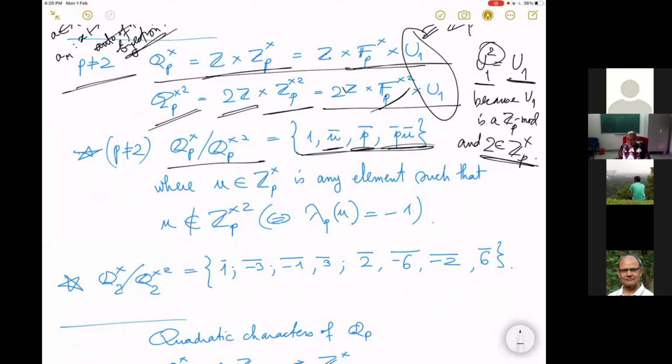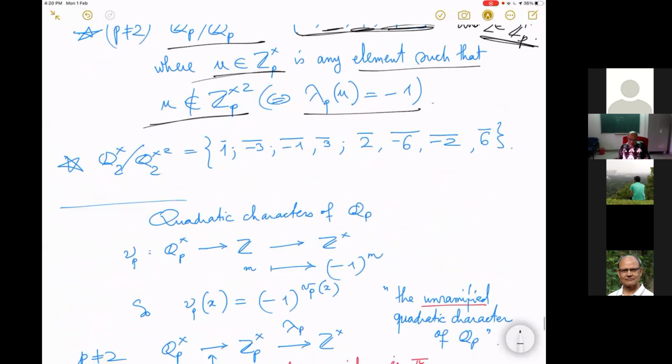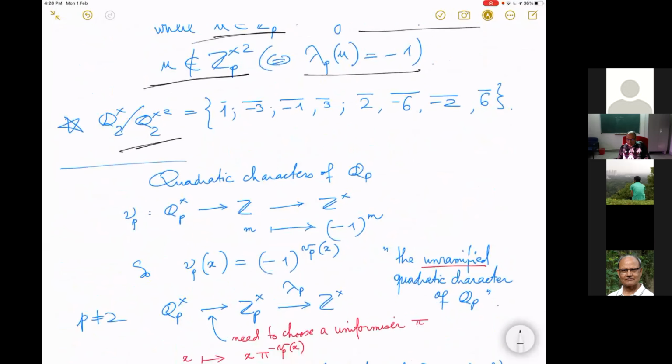Where u is any element such that it's not a square, which is the same thing as saying that lambda p of u is equal to -1. Similarly, Q2 star modulo squares, you can check that it just consists of these 8 elements: 1, -3, -1, 3, 2, -6, -2, 6.